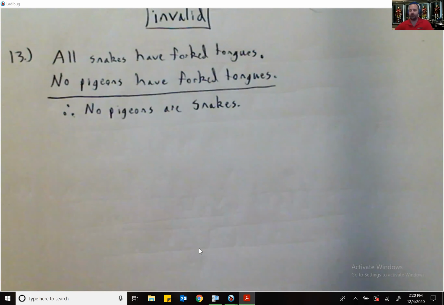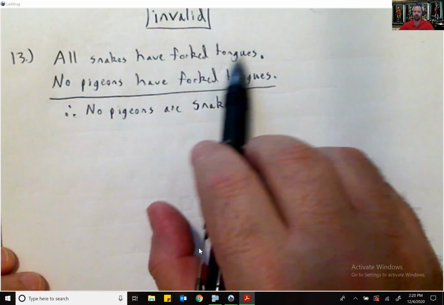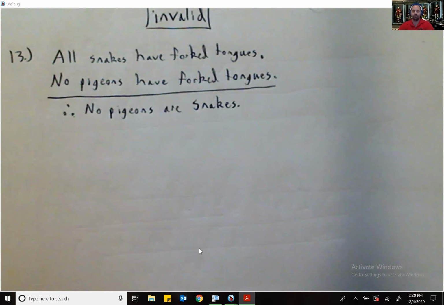So remember, with Euler diagrams, we start with this. All snakes have forked tongues. This is about two circles and their relationships to each other.